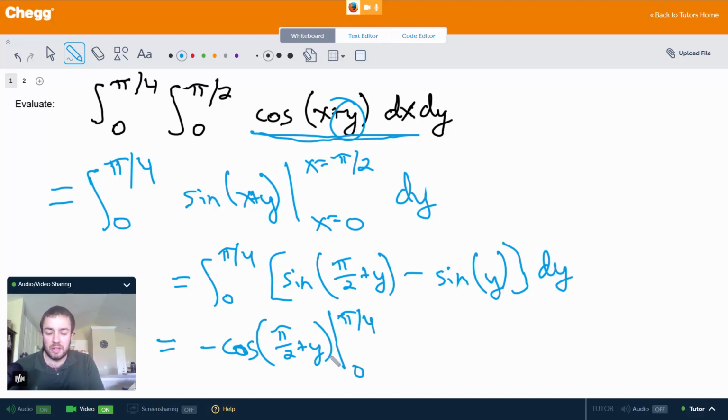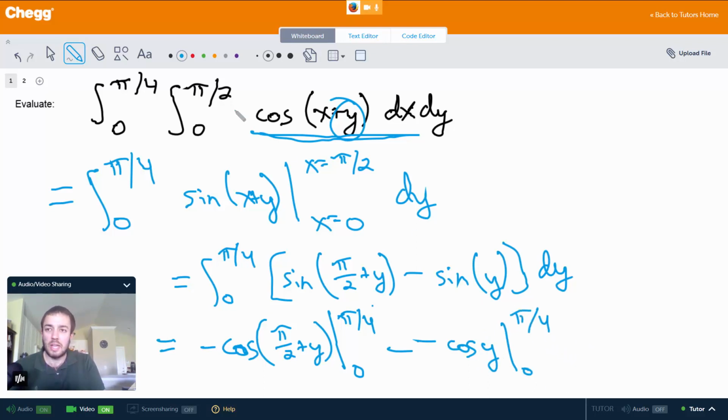Now we don't have to specify y equals 0, y equals pi over 4, because y is the only variable left. So while it's not a bad idea and it doesn't hurt to be that thorough, it's not really necessary in this case. Okay, so continuing then, and then when we integrate minus sine of y, that's going to be minus negative cosine of y from 0 to pi over 4.